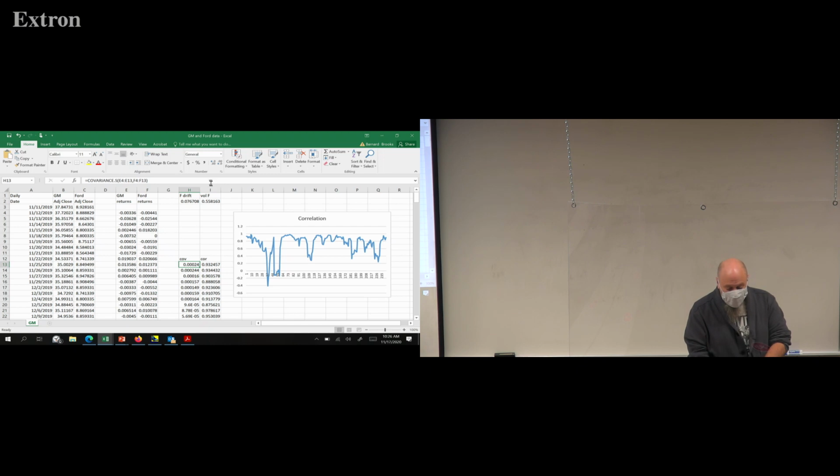But notice that I got the covariance and I got the correlations. Let's go with the correlations because that's the rho that I want to have in my portfolio optimization. So that 0.93, that's the correlation. That's the rho between Ford and GM.